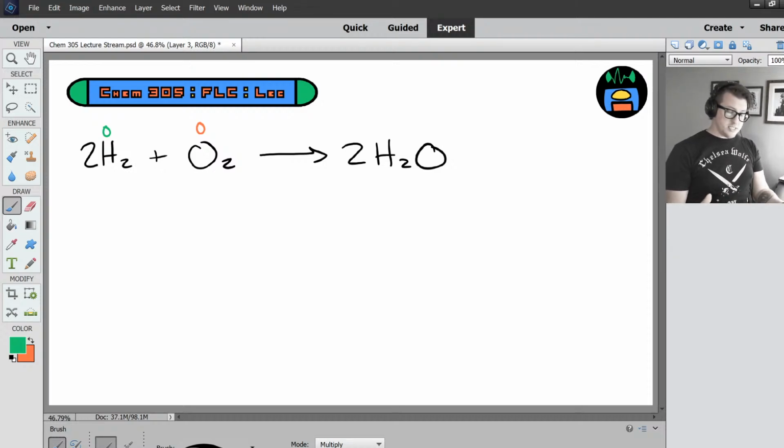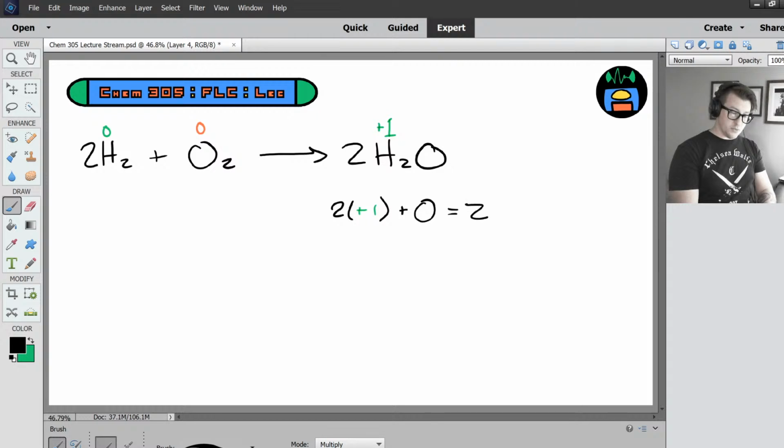Now on the product side, we assign oxidation states to H2O. We have a hydrogen in this molecule, rule number 2. It is present with another nonmetal, so it has an oxidation state of +1. Now we can determine oxygen's oxidation state because 2 times the oxidation state of hydrogen plus the oxidation state of oxygen has to equal the total charge on the molecule, which is 0.